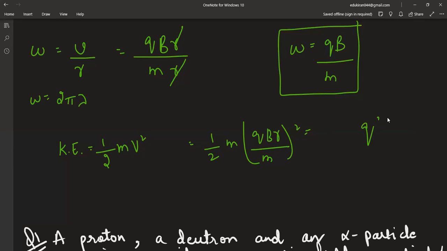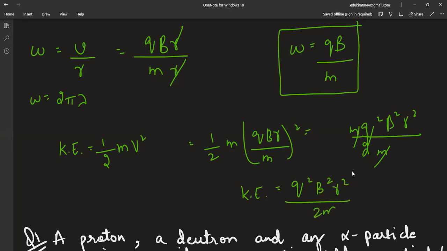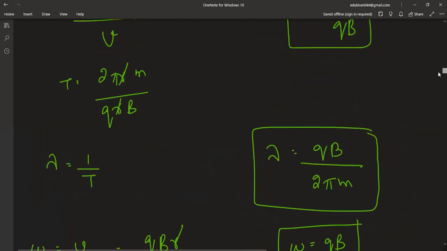So it will be q square B square r square m by 2m, m will be cancelled. So kinetic energy is q square B square r square divided by 2m. This is the formula of kinetic energy. Write it down and we'll see questions from this.